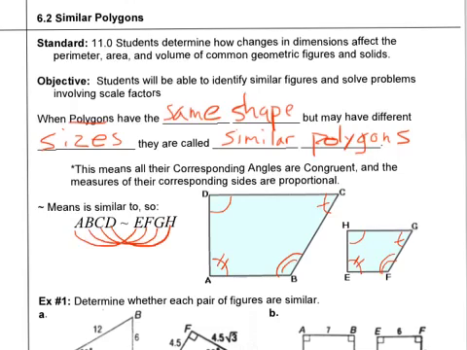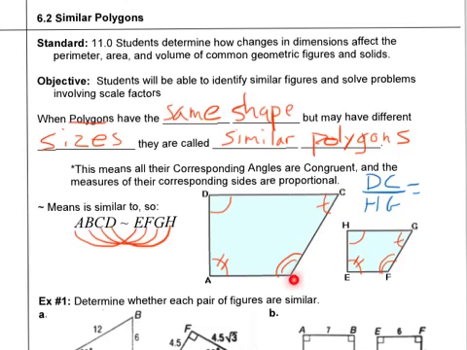It also means that their corresponding sides are proportional. So we should be able to say that, for example, DC over HG would be equal to any other side.